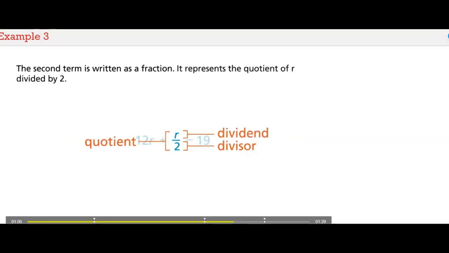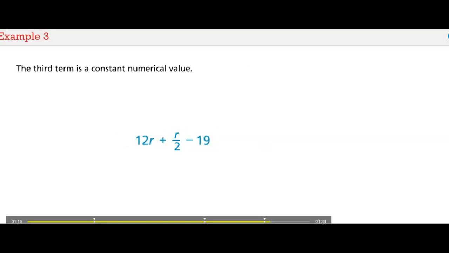It represents the quotient of r divided by 2. Remember that a fraction bar also means divide. The term 19 is a constant numerical value. The 3 terms of this expression include a product, a quotient, and a constant value.